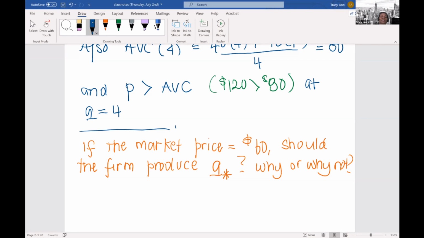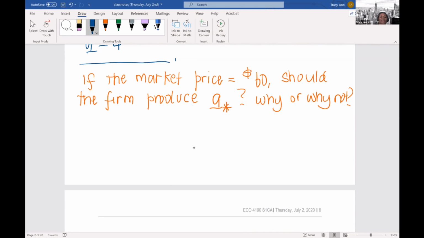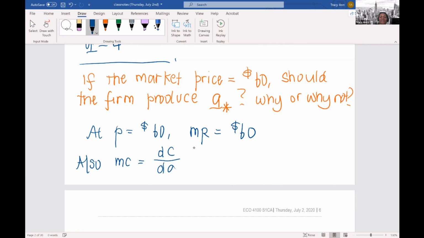To do this, we're going to do it the other way with marginal revenue and marginal cost. At P equal to $60, marginal revenue is equal to $60. Also, our marginal cost, which is the derivative of the cost function with respect to quantity, is 40 plus 20Q.